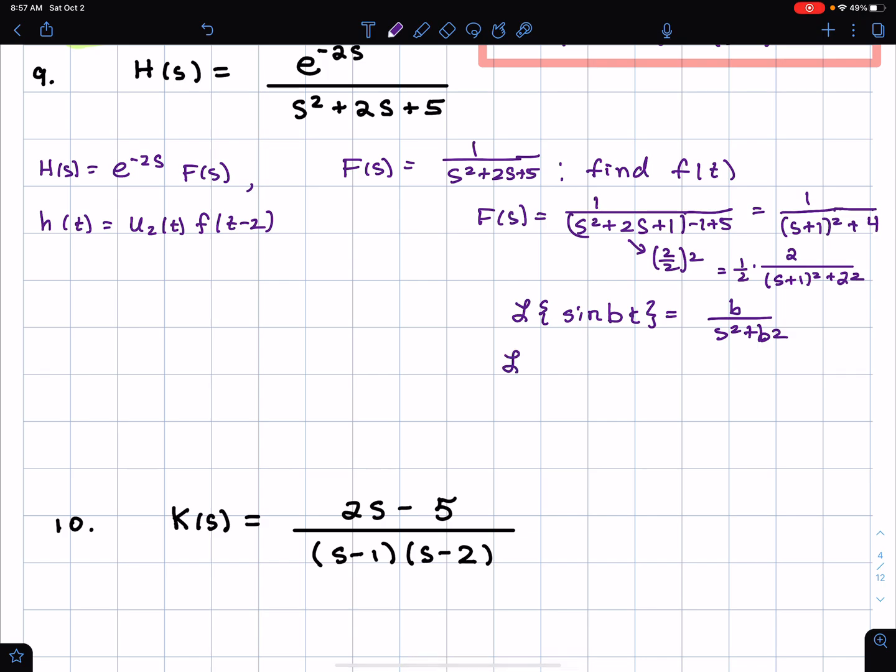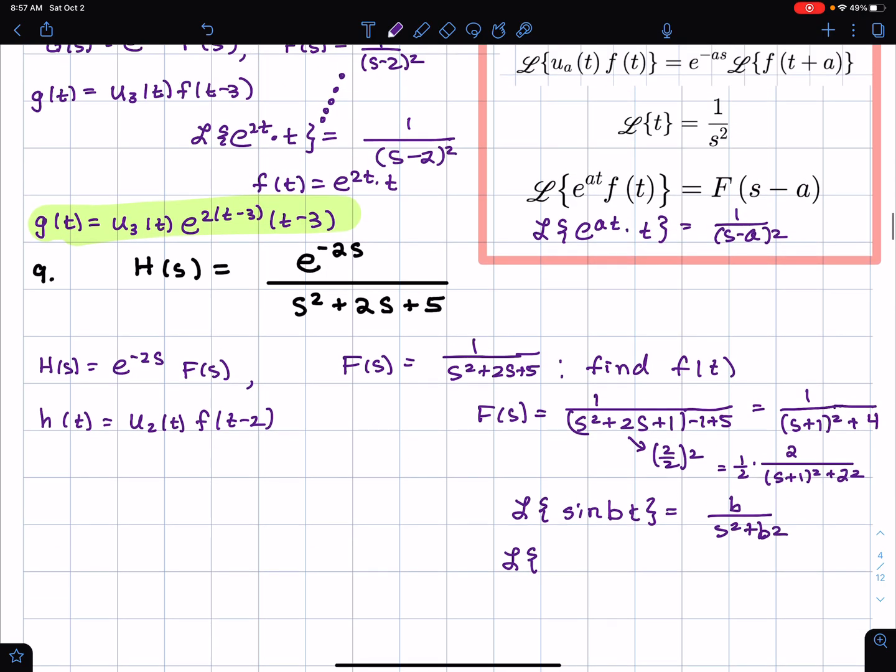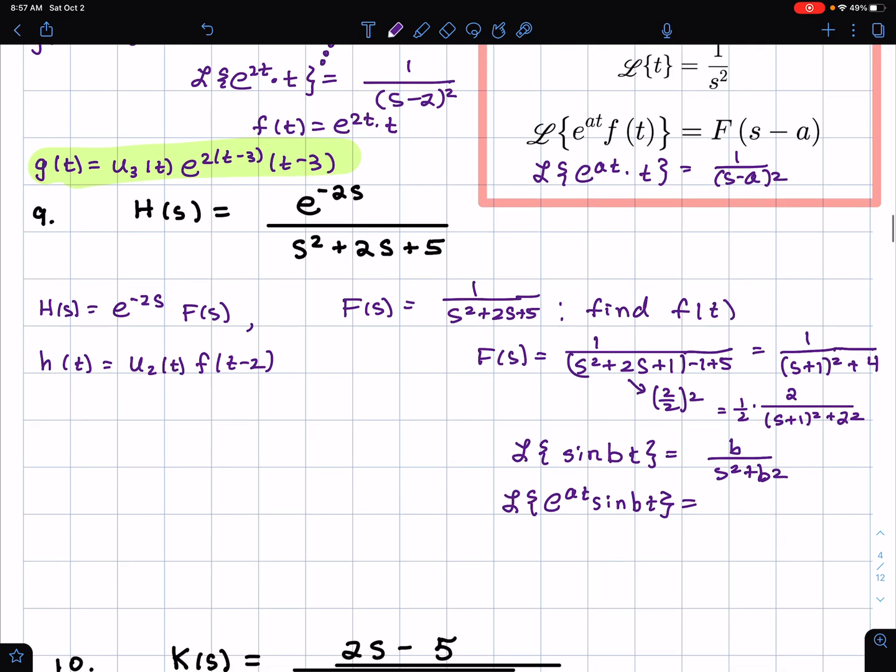And so therefore the Laplace transform, using this guy up here, of e to the at sine bt is equal to b over s minus a squared plus b squared.